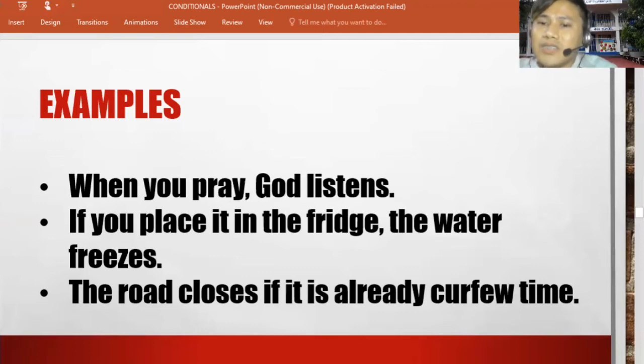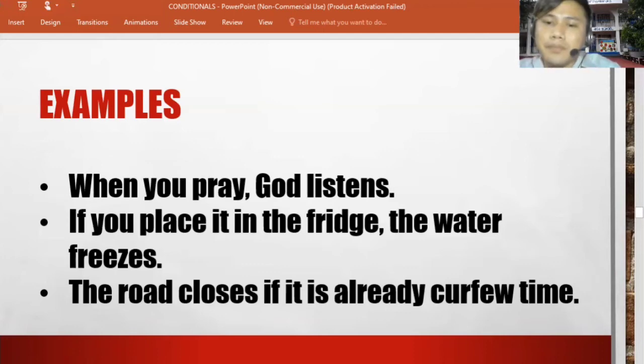This is how we write our sentence. It's not about general truth, but we are talking about the habitual action of someone, because it's very normal to individuals, regardless of your religion, that we pray, for we know that our God listens to our prayers.